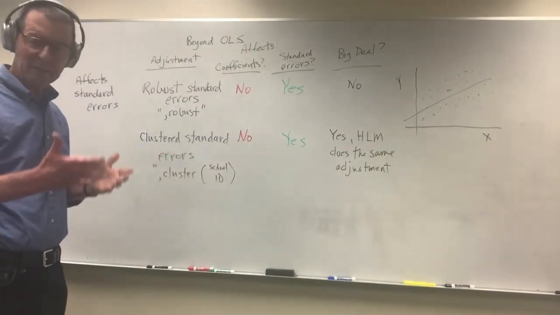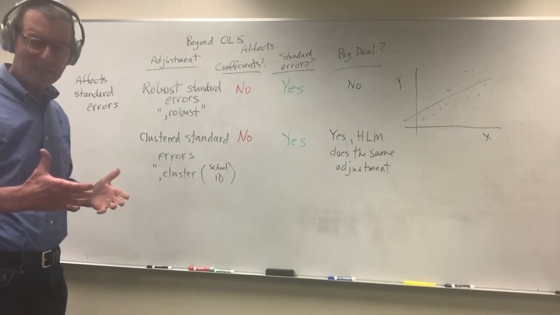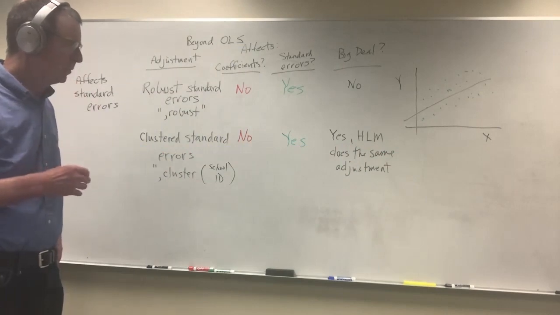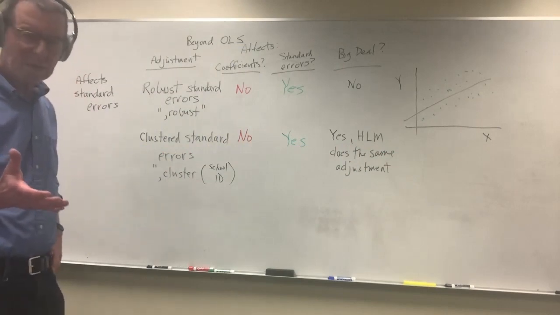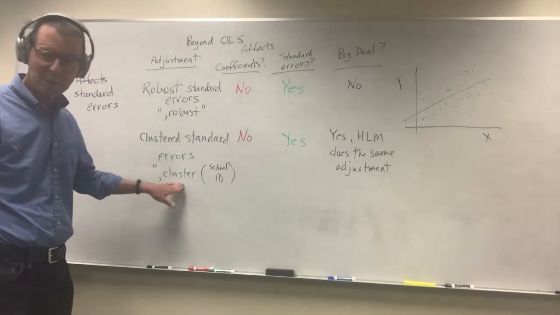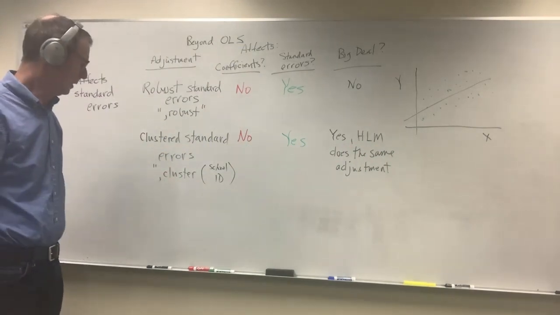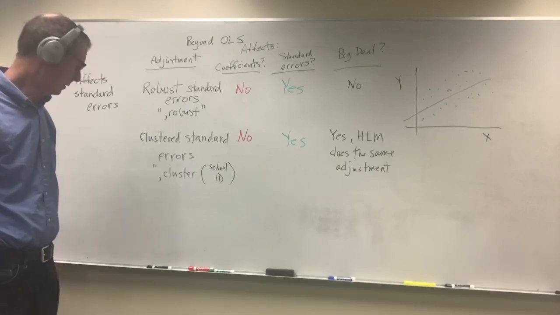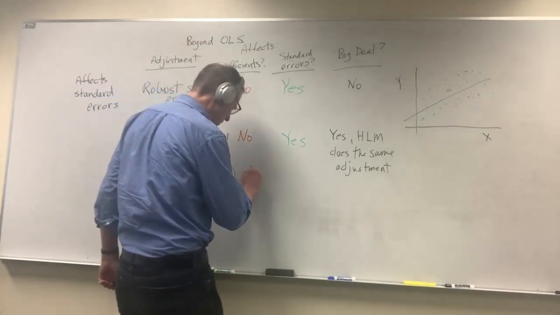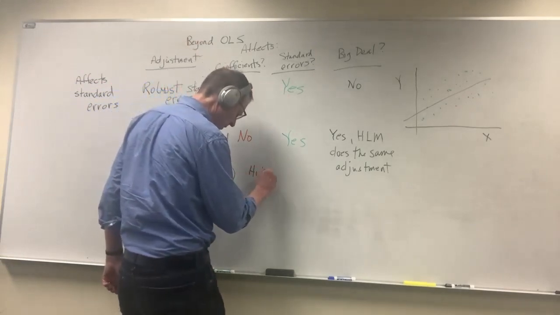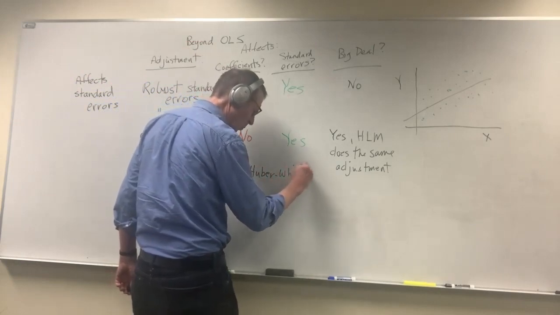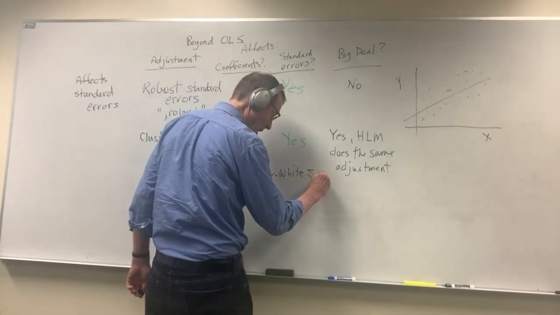That automatically adjusts for the non-independence of kids within classrooms. But there's a pretty straightforward way in Stata as well. And that is to use cluster, where you're clustering the standard errors. And what it does, I'm teaching you all these big words, heteroscedasticity. How about Huber-White sandwich estimator?